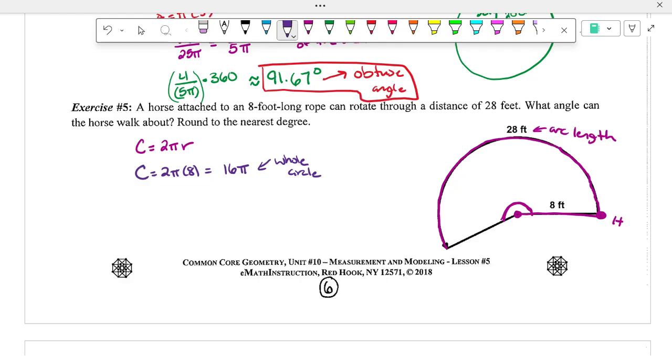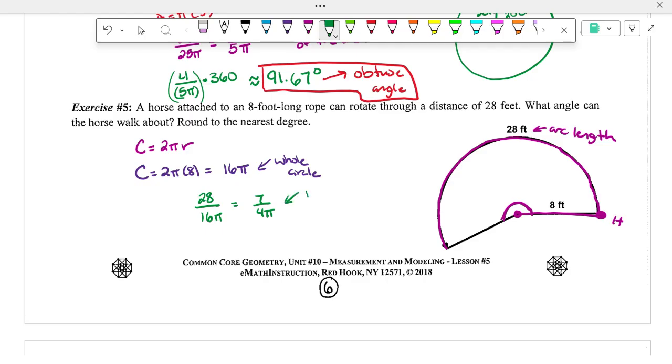I now need to figure out how much of my circle 28 feet is. So how do I do that? 28 divided by 16 pi, because I know that 28 is a piece of 16 pi. That simplifies down to 7/4 pi.